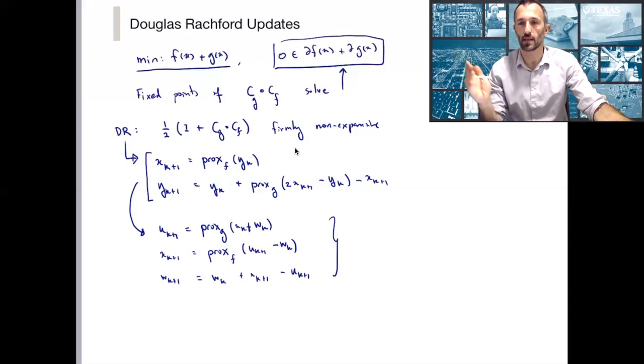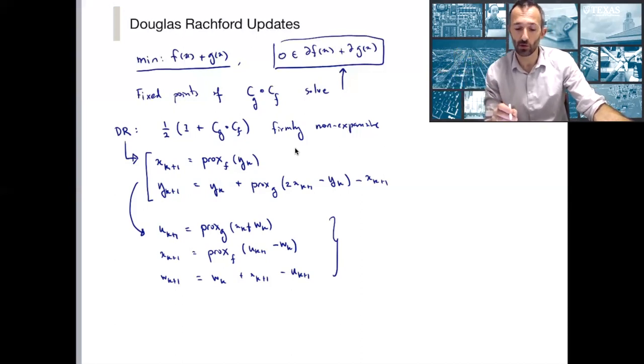And notice this is what we're doing. u^k is updated using only the prox of g. x^k is updated using only the prox of f. And then w^k is just updated using a simple addition of those previous two.